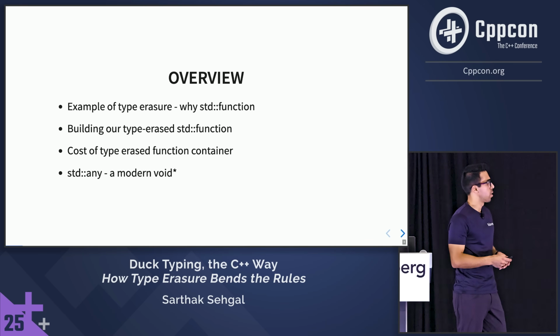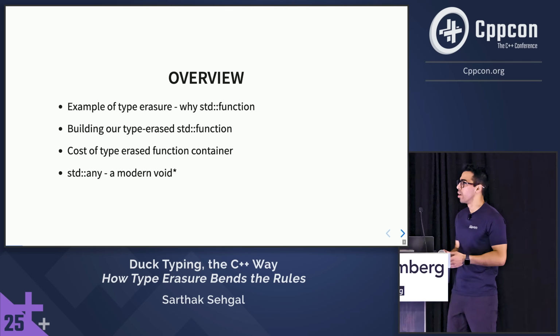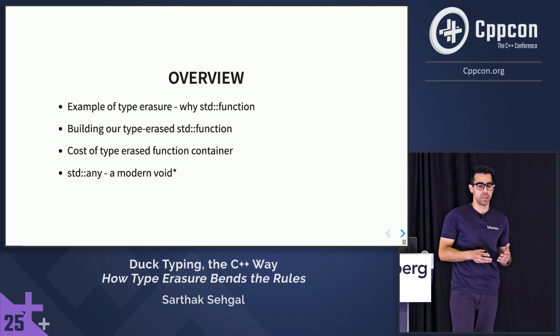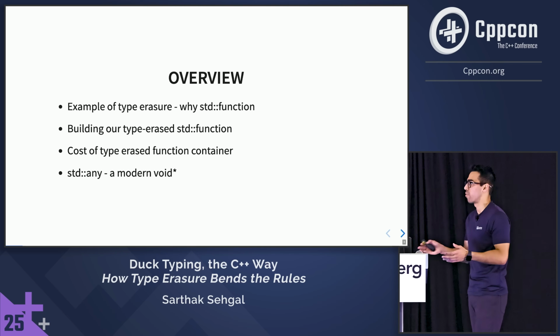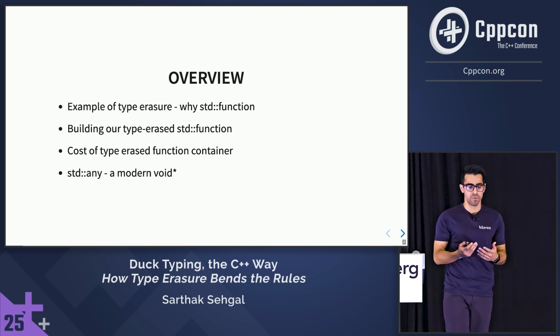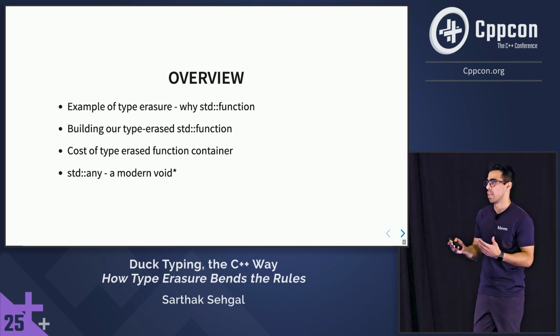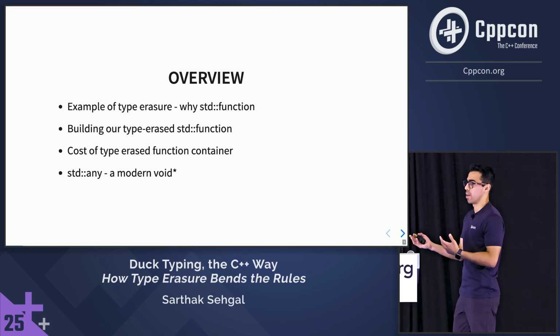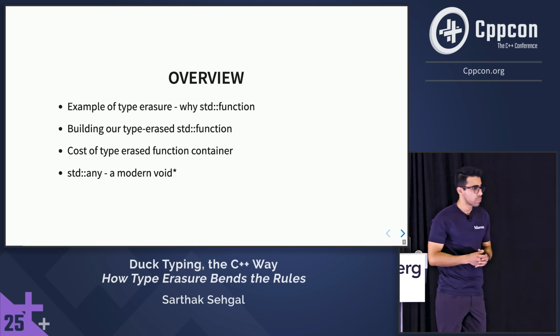Overview of the talk before we start. This talk is going to be about the fundamentals of type erasure, how type erasure works under the hood. Specifically, I'm going to be focusing on std::function for most of the talk: why we need a type-erased component like std::function, and how it works under the hood. But all of this can be extended to creating your own type-erased classes. It's not specific to std::function at all.